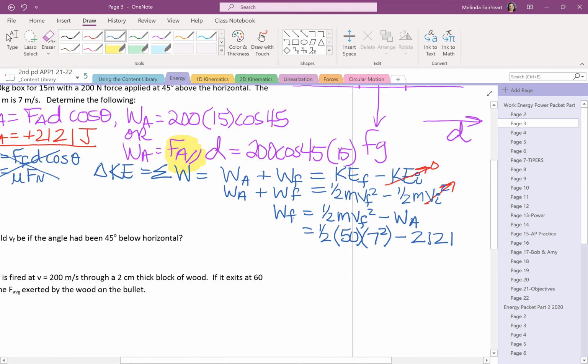And so be careful as you plug this in. You only want to square the 7. 7 squared is 49, and half of 50 is 25. So what's 25 times 49? Plug it in. Let me know what you get.